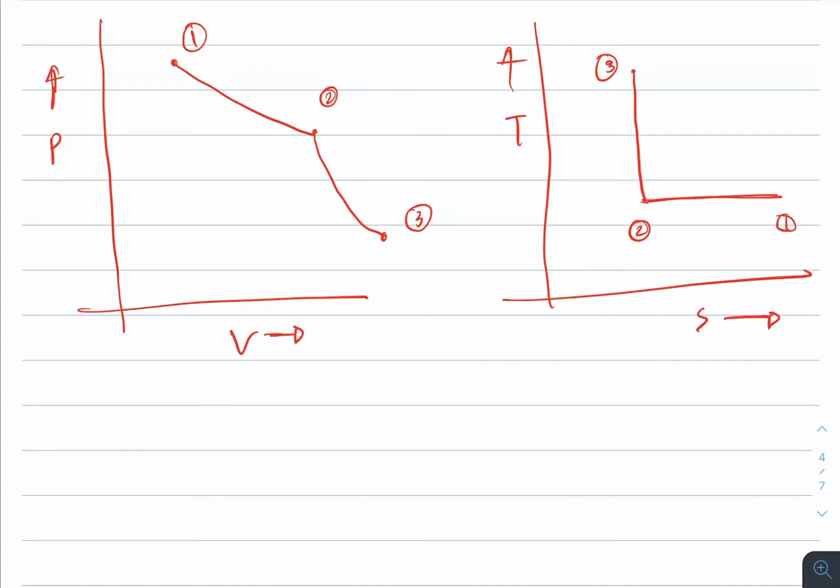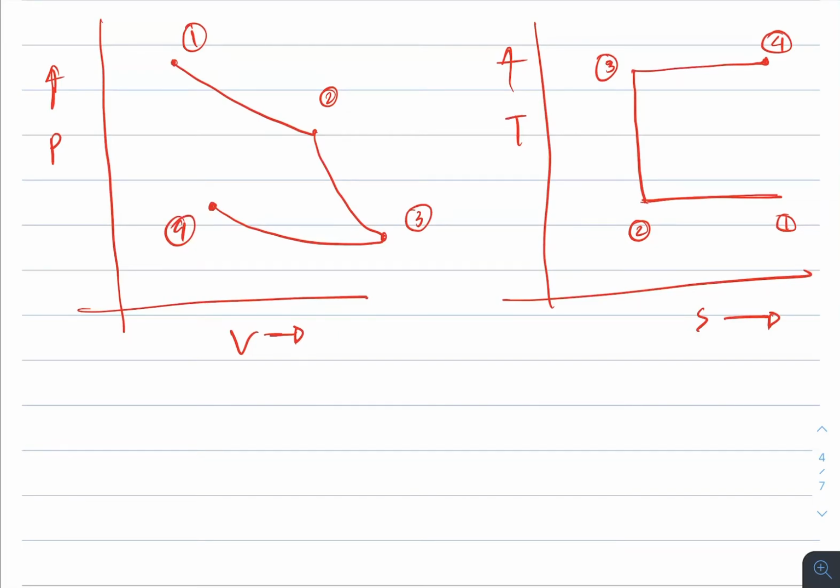And then 3 to 4 is isothermal compression. Isothermal compression means again it will be a horizontal line. This is 4, and in compression the volume decreases eventually, so it will look like this.